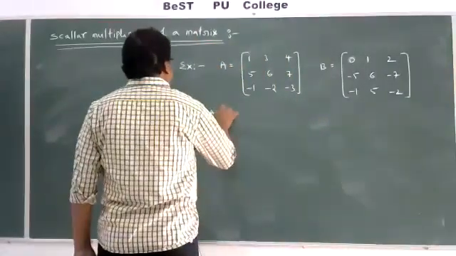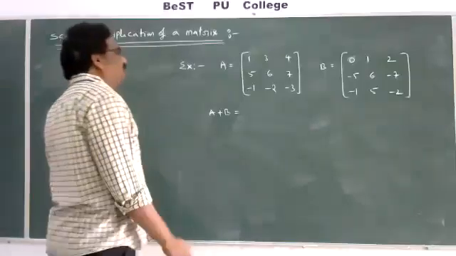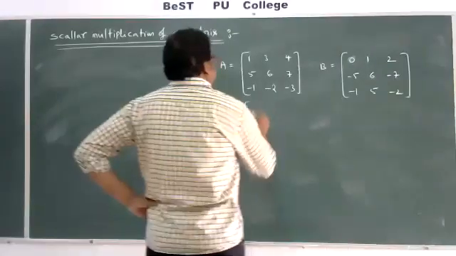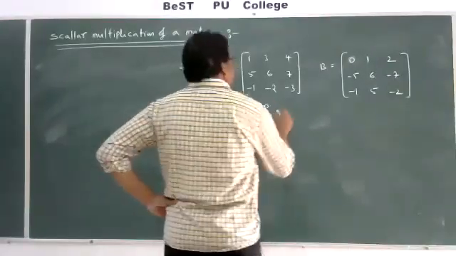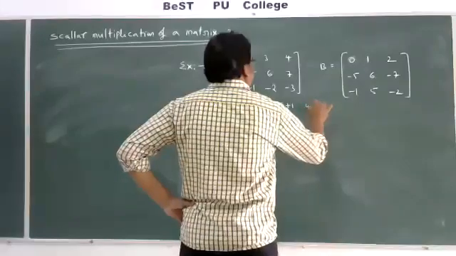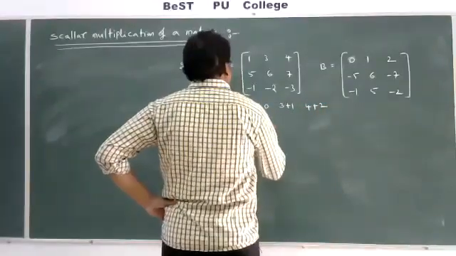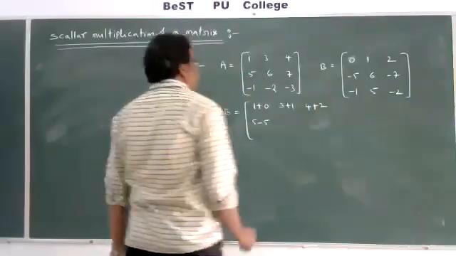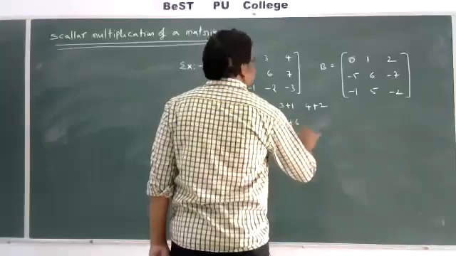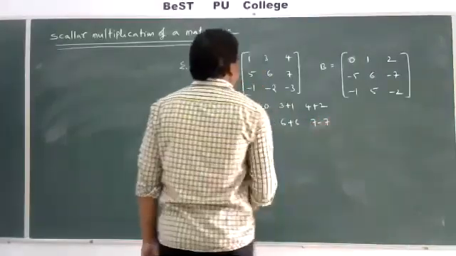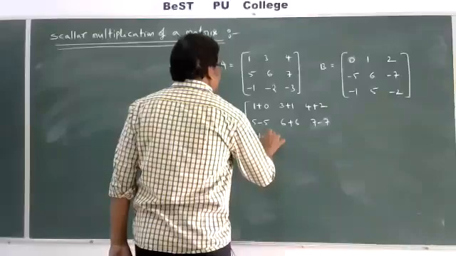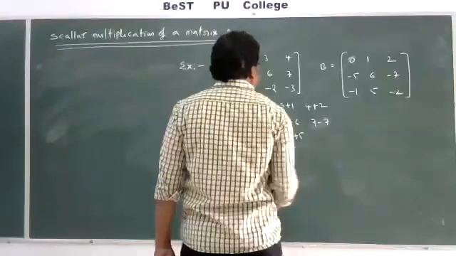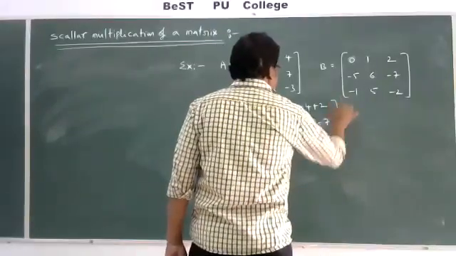Then A plus B is equal to, adding the corresponding elements: 1 plus 0, 3 plus 1, 4 plus 2, 5 minus 5, 6 plus 6, 7 minus 7, -1 plus -1, -2 plus 5, -3 plus -2.